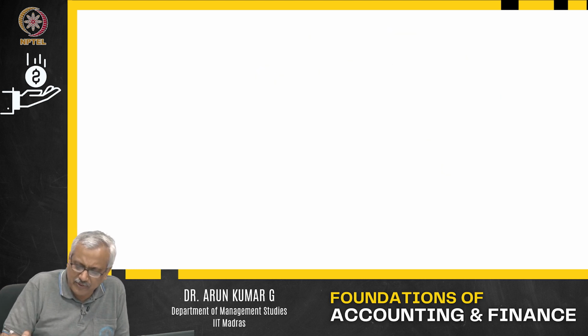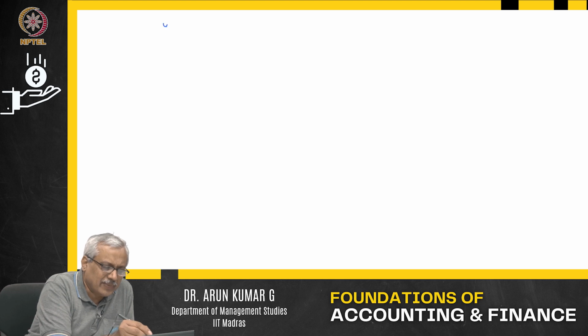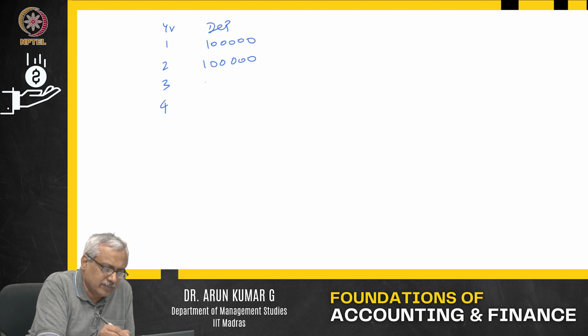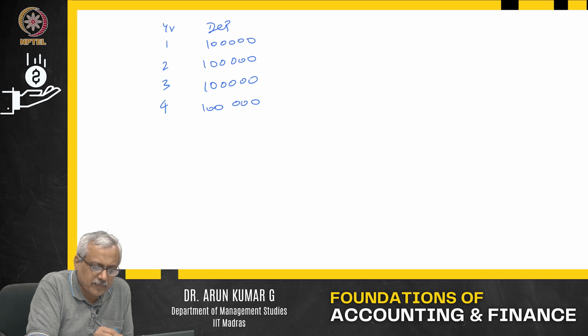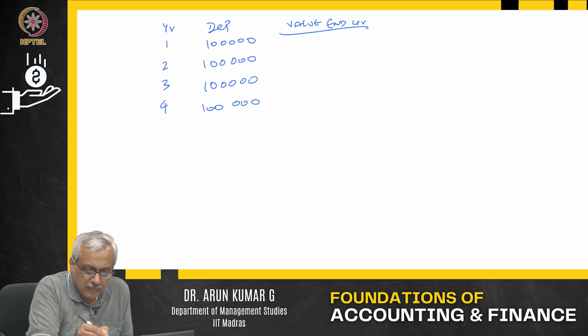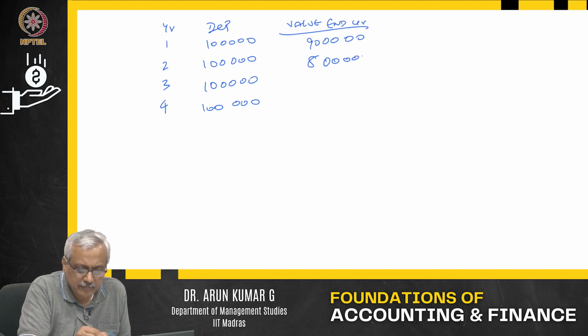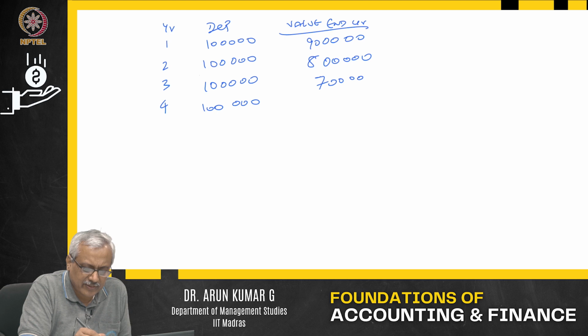So, in short, year 1, 2, 3, 4, depreciation 1 lakh, 1 lakh, 1 lakh, and so on. So the value at the end of the year is 9 lakhs, then it becomes 8 lakhs, sorry, 7 lakhs, and then 6 lakhs.